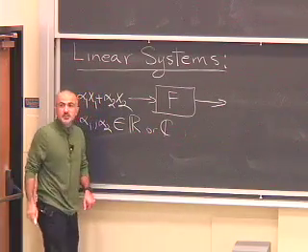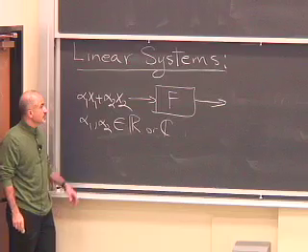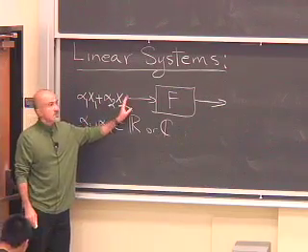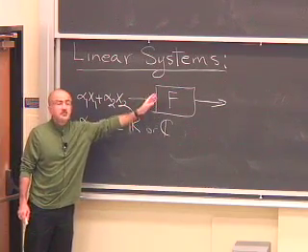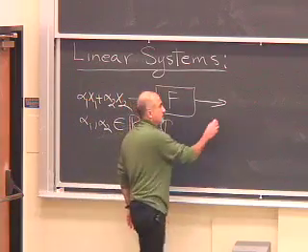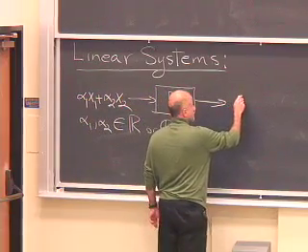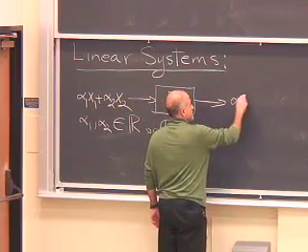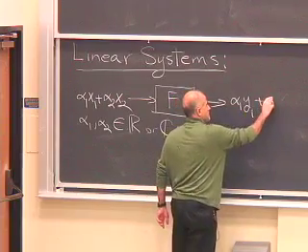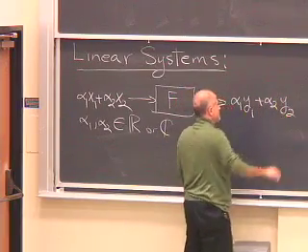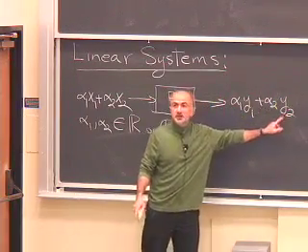In general we allow them to be complex, unless all the signals and systems are real and therefore the outputs are real. So on the other side, we get the same linear combination of the corresponding outputs.